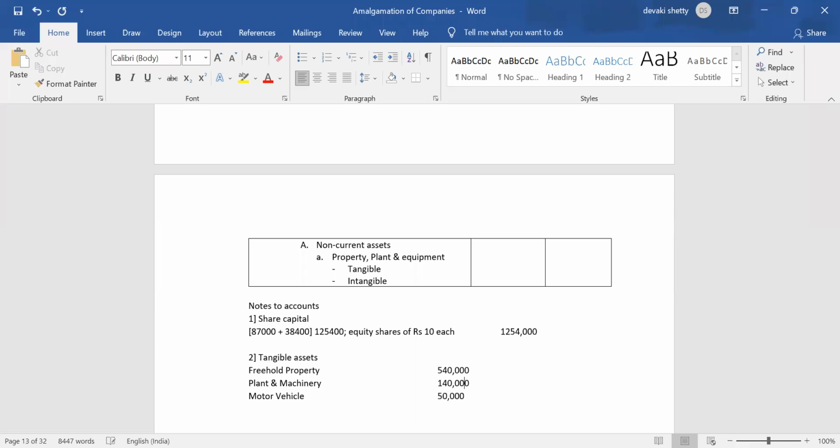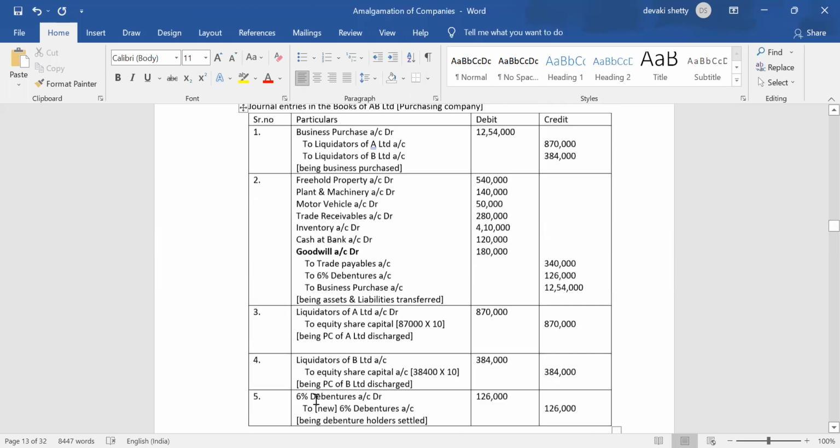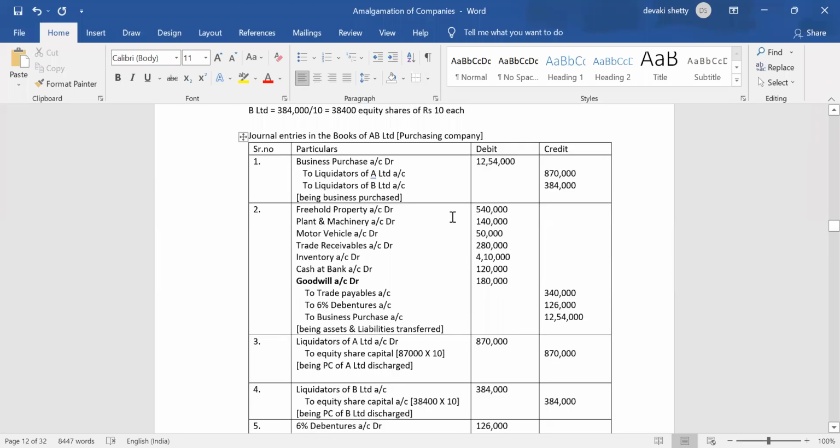Let us cross check freehold premise, plant and machinery and motor vehicle. Okay.